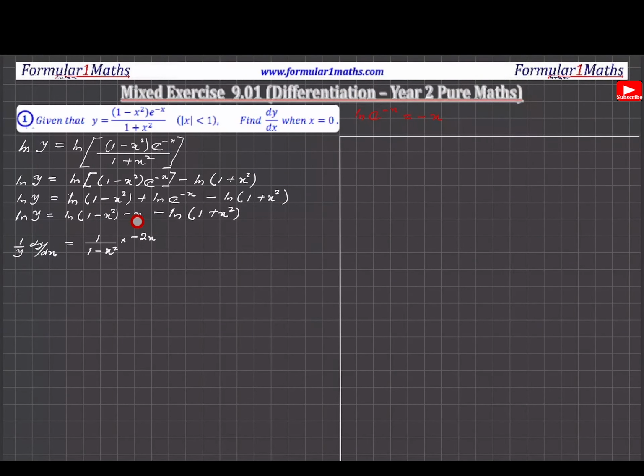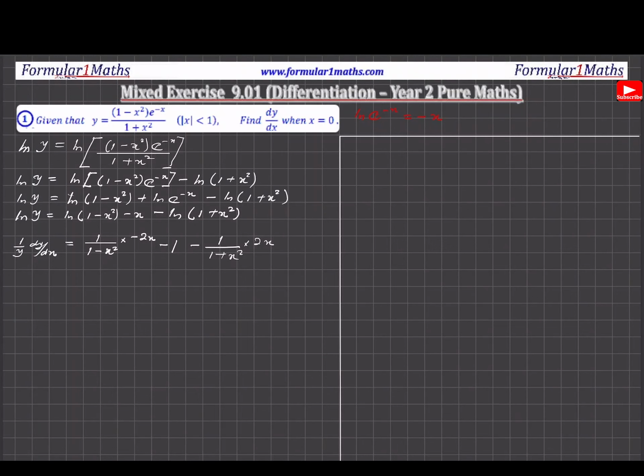Then if I differentiate minus x, I get minus 1. And I'll differentiate this term, I'm going to get minus 1 over 1 plus x squared. Then I'll differentiate this one as part of the process of the chain rule, so times 2x.